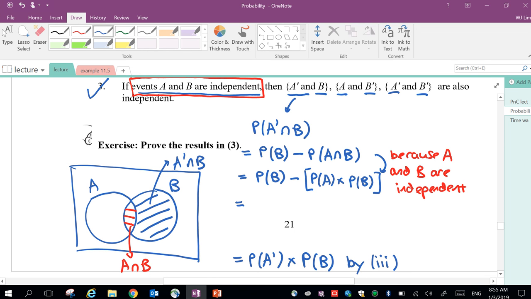What am I going to do next? I'm going to take out probability B because it's a common factor, leaving one minus P(A).